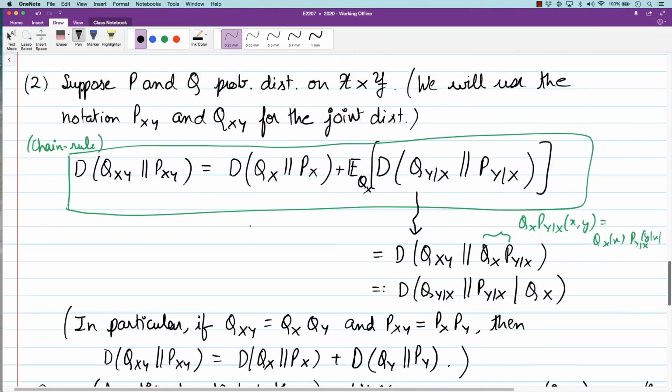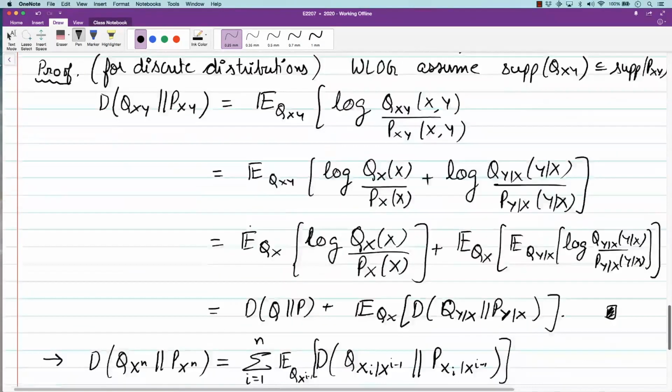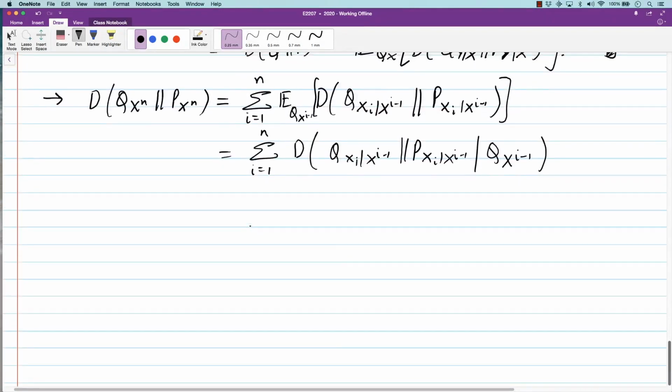Alright, so we have these two properties, the chain rule and the non-negativity of divergence. Now using these two properties, we'll establish our main result. So some notation.